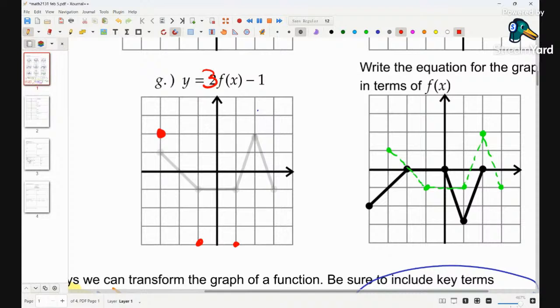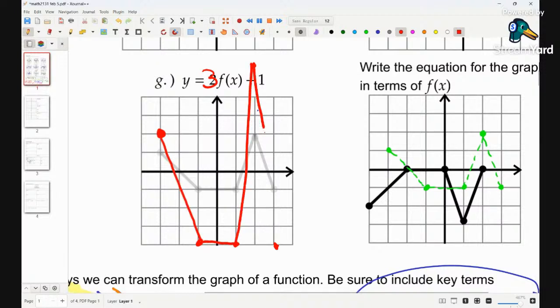I'd have to go up to 6, and down 1 to 5. Probably be up here. Whatever that number is after you multiply it, it's from the axis, not from the original point. From the axis. That's what we're measuring it in regard to.